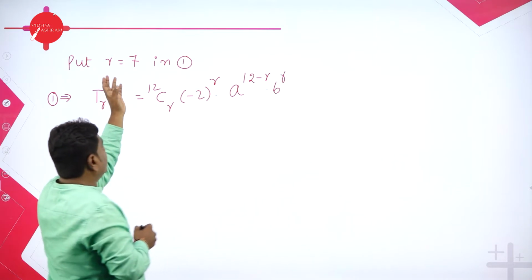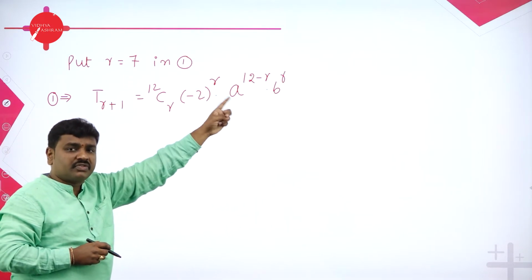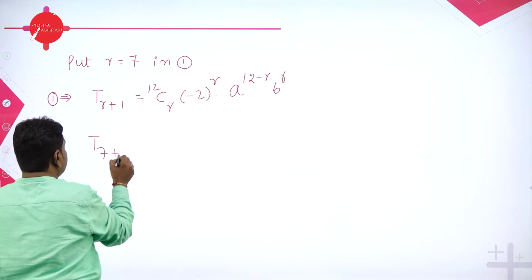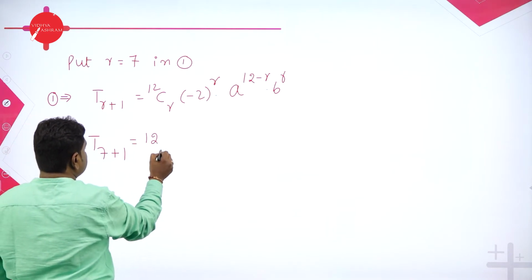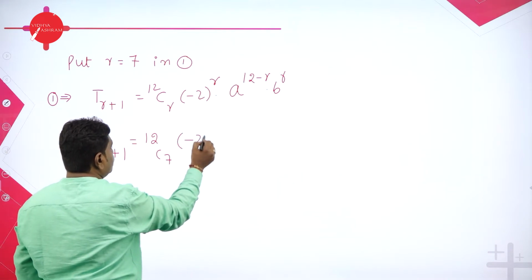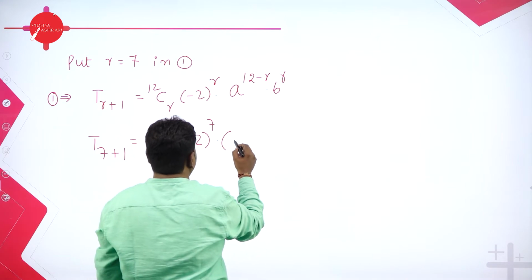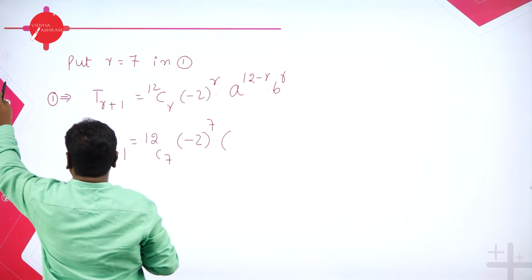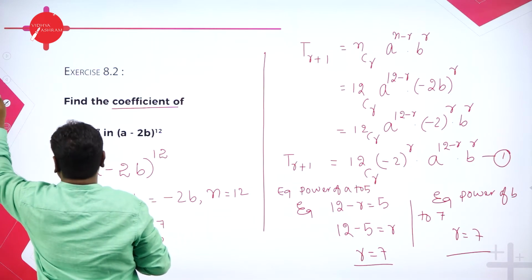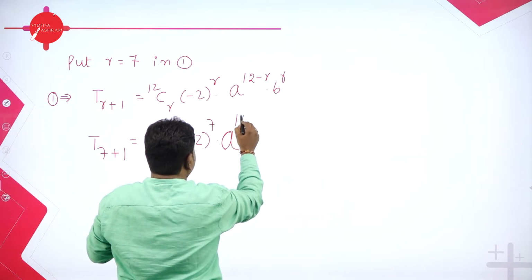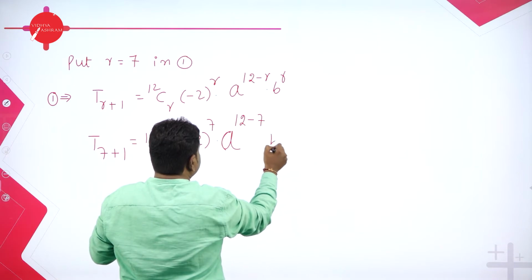Now in the place of r you put 7. Here definitely you will get a power 5, b power 7. So now T(7+1) is equal to 12C7 minus 2 power 7, and a means the first term. Sorry, here after simplification we have this. So then we'll have a power 12 minus 7, b power 7.